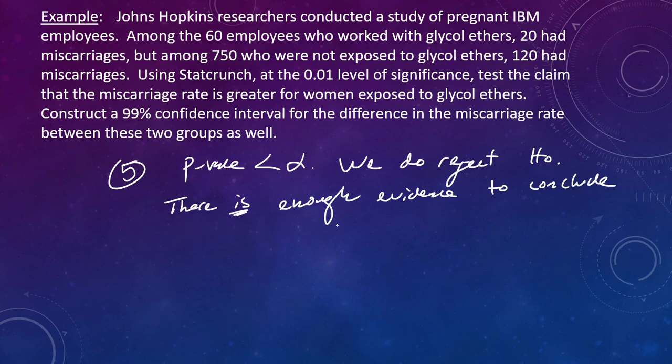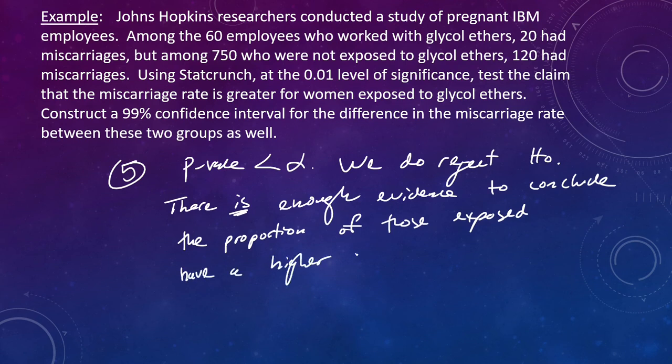If you look at HA, it says there is enough evidence to conclude the proportion of those exposed have a higher miscarriage rate. Since the p-value is less than alpha, we do reject the null hypothesis. There is enough evidence to conclude that the proportion of those exposed have a higher miscarriage rate.